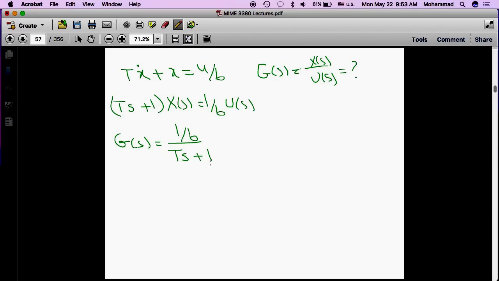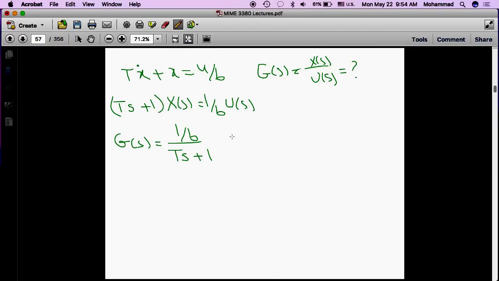So whenever you have a first order transfer function, if you make the coefficient of s to power 0, which is the constant, equal to 1, what is sitting next to power 1 of s is the time constant.